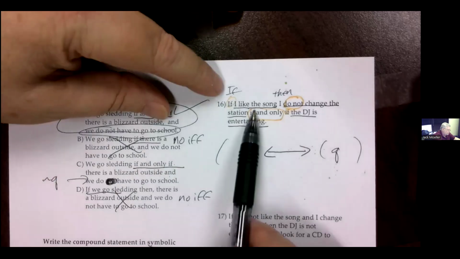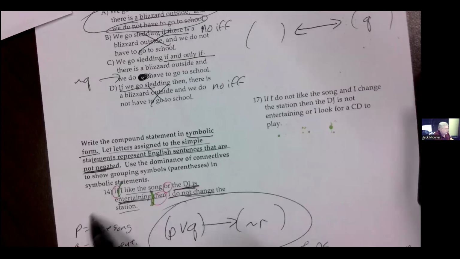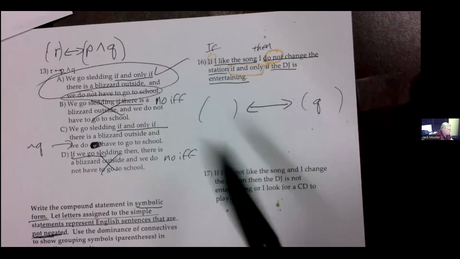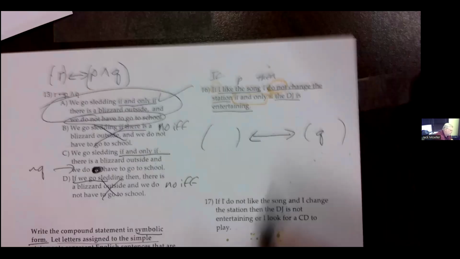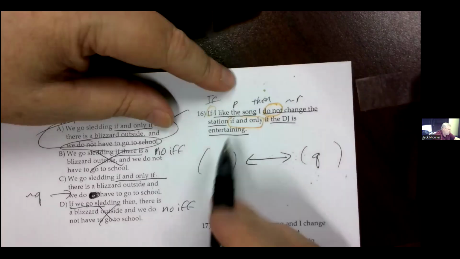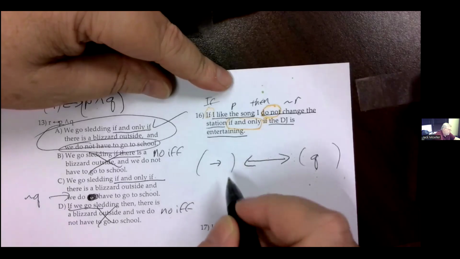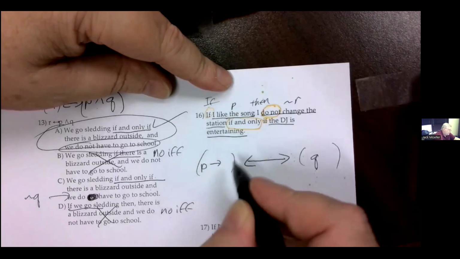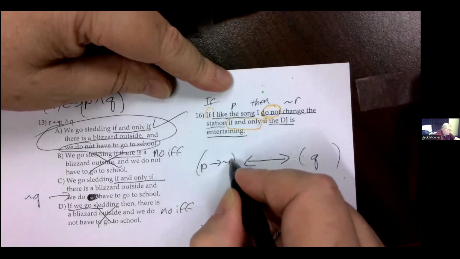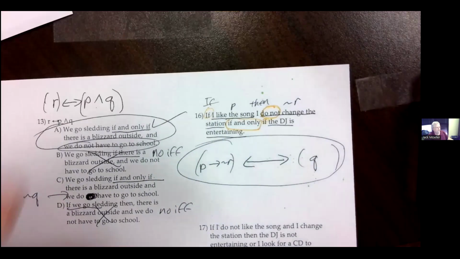And so what is I like the song? I like the song is P. I do not change the station, that would be not R. So how do you do if P, then not R? Well, the if is the arrow, so if P, then not R.